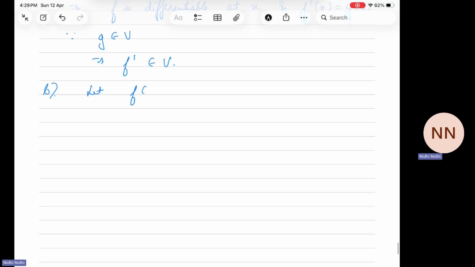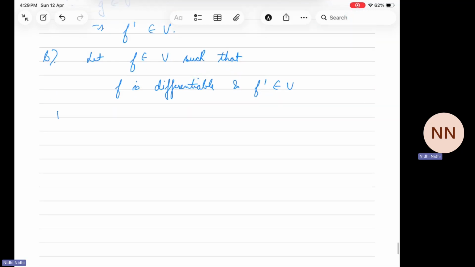Let f be an element in V such that f is differentiable and f dash belongs to V. We need to show that f belongs to W.